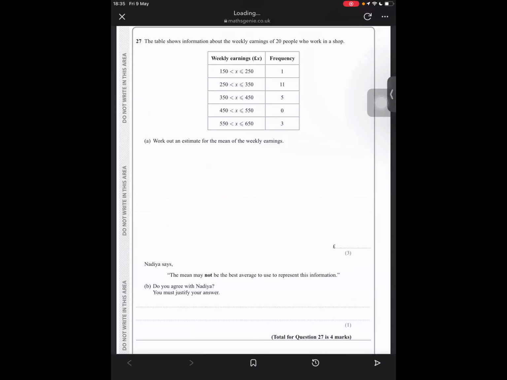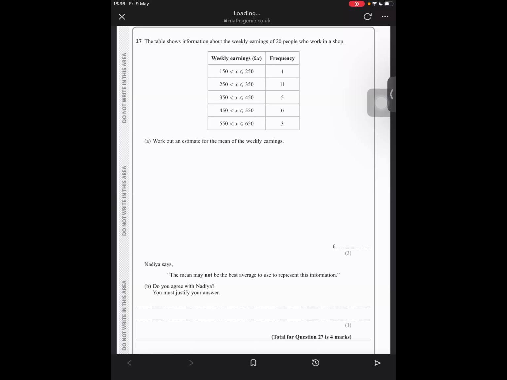It says the table shows information about weekly earnings of 20 people who work in a shop. It's giving a frequency. Work out an estimate for the mean of the weekly earnings.